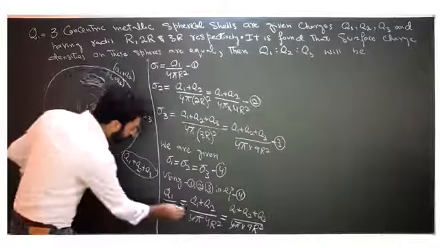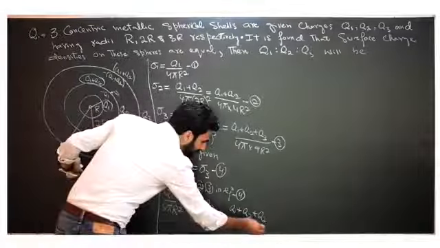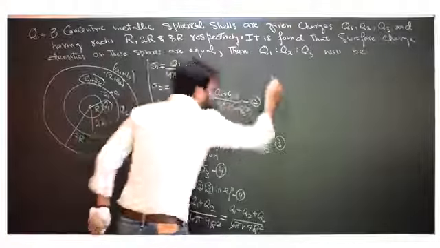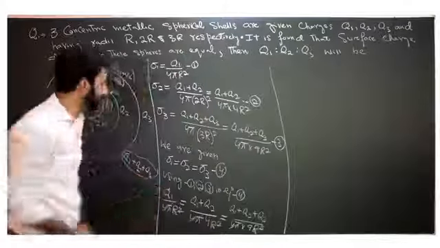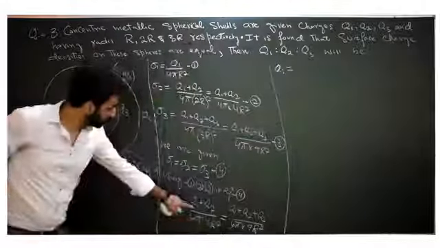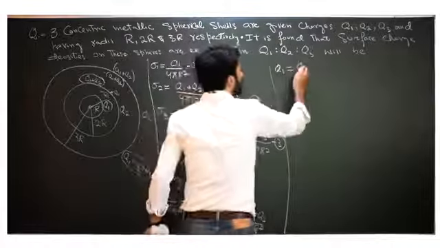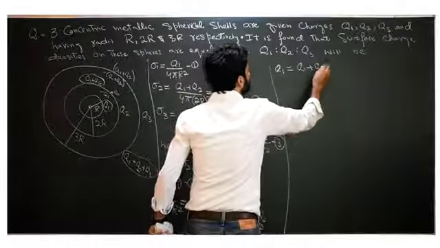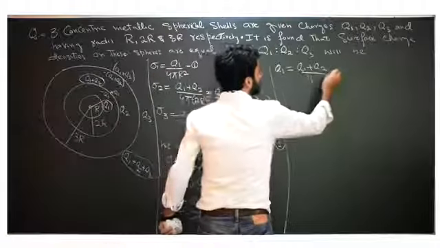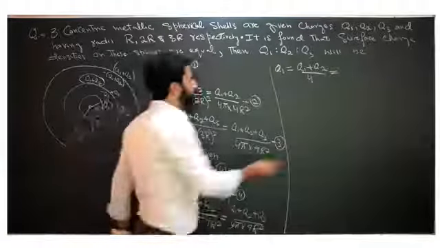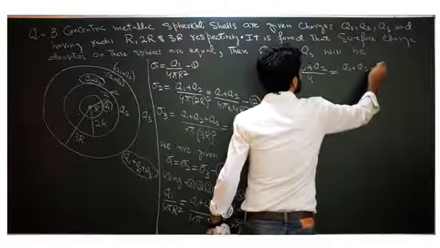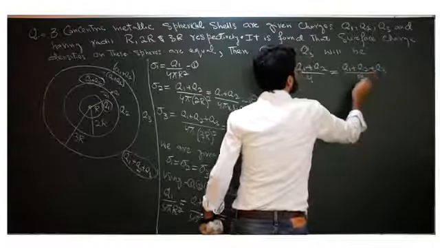And r square is here, here and here, this cancels out. Now what we are left with is Q1 equal to (Q1 plus Q2) divided by 4, which is equal to (Q1 plus Q2 plus Q3) divided by 9.